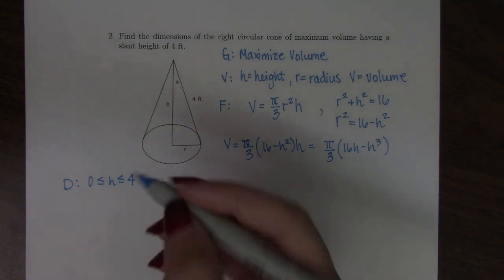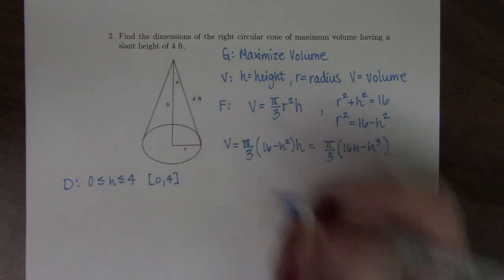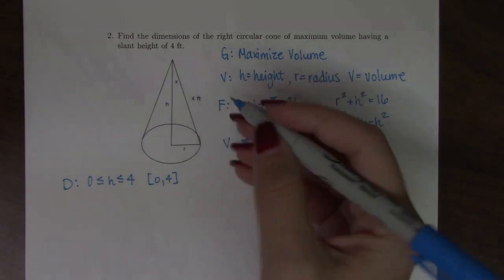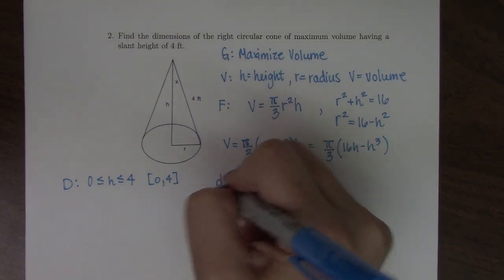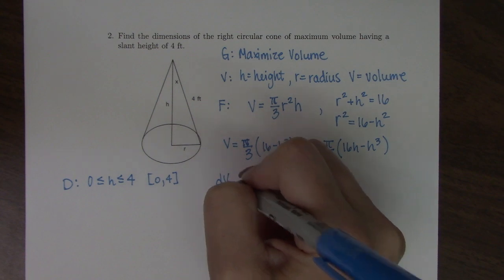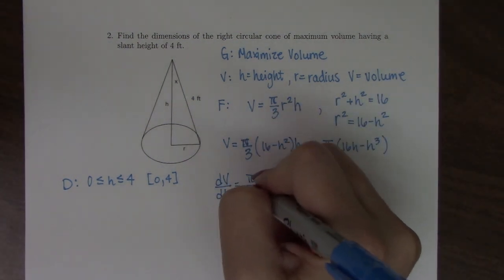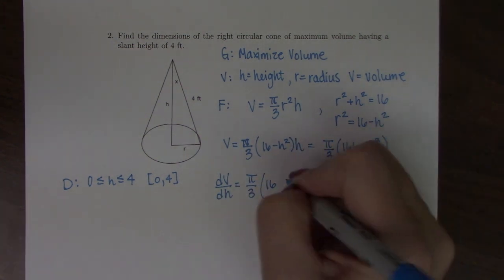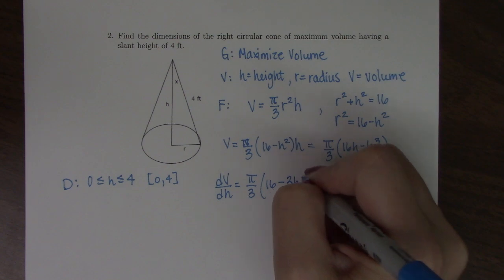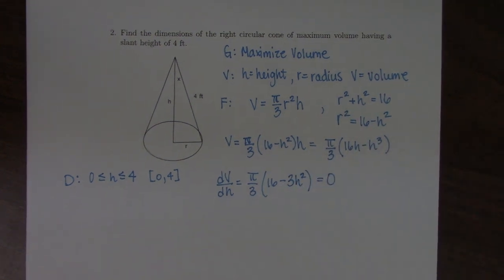So what we're going to do is, we've got our domain, and if we write this in interval notation, we're using the closed interval method. So now I'm going to find the critical values by taking the derivative of V with respect to h. So pi over 3 stays out front. The derivative of this inside piece is just 16 minus 3h squared, and this is what we're going to set equal to 0.